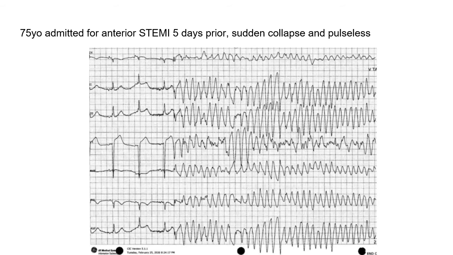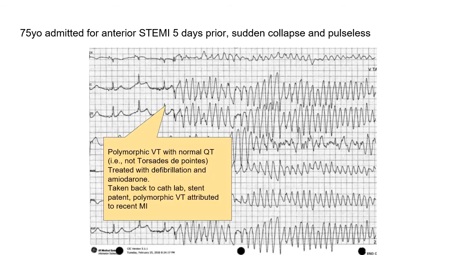Polymorphic, yeah. So this is a polymorphic Vtac, but it's not Torsade because it's a normal QT. You can see a polymorphic Vtac in patients with a recent MI.